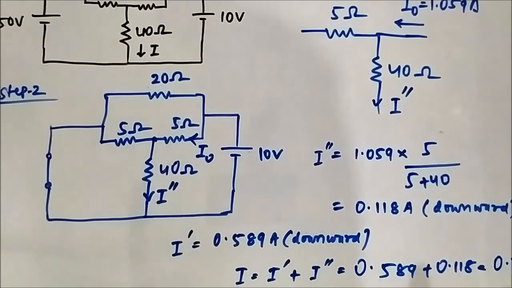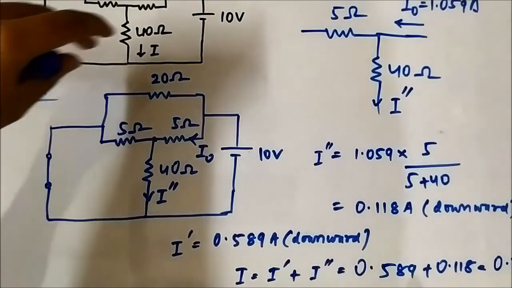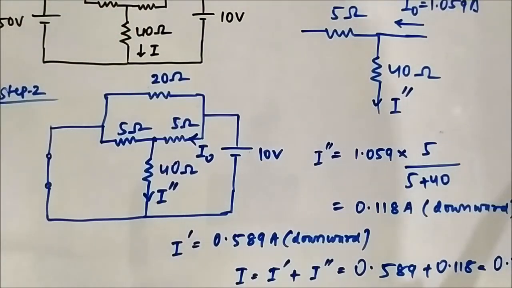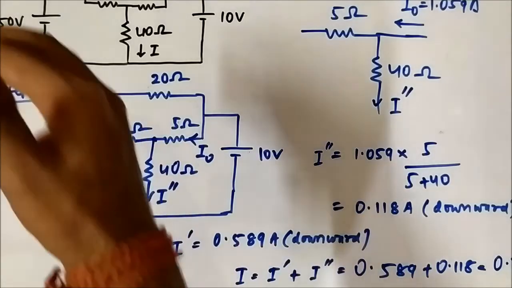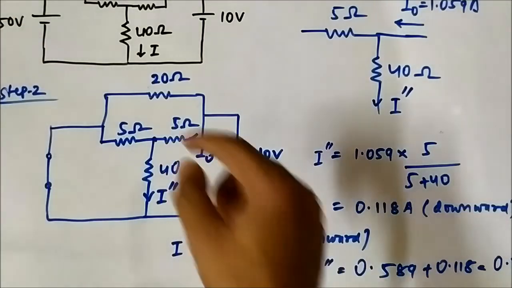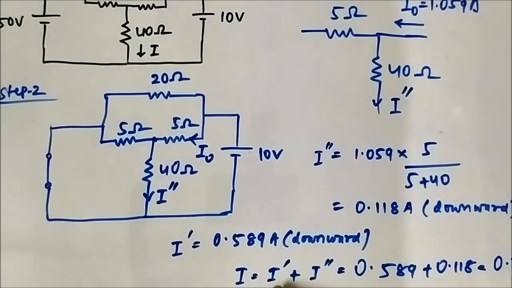So always this acts as the reference. All the other summation analysis has to be done with respect to that. Here both I dash and I double dash were in the downward direction, so we just added them. I is equal to I dash plus I double dash. So here we got the result.